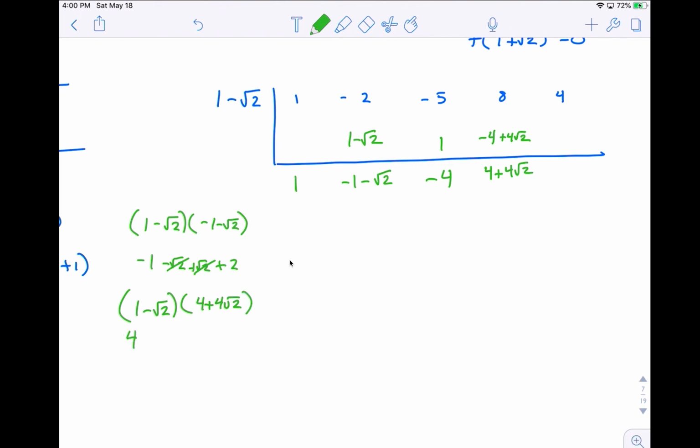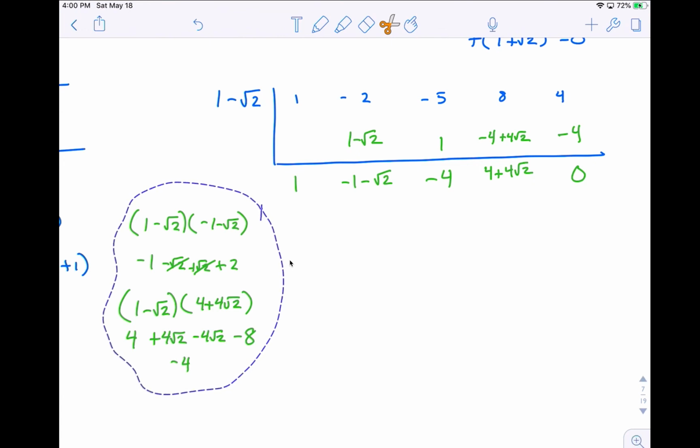So 4 plus 4 root 2 minus 4 root 2, 8. All right, so that's going to give me negative 4, which is 0. Okay. All right, so I'm going to minimize this.